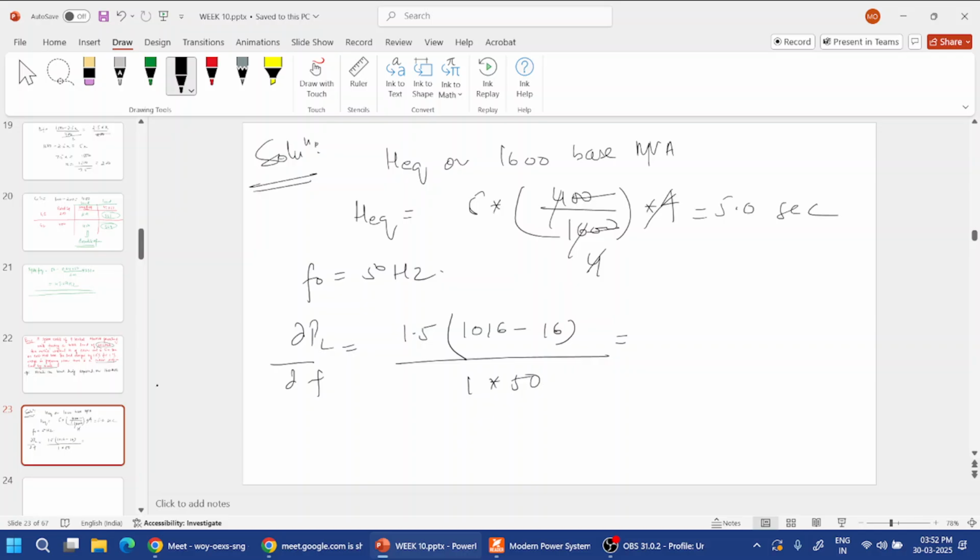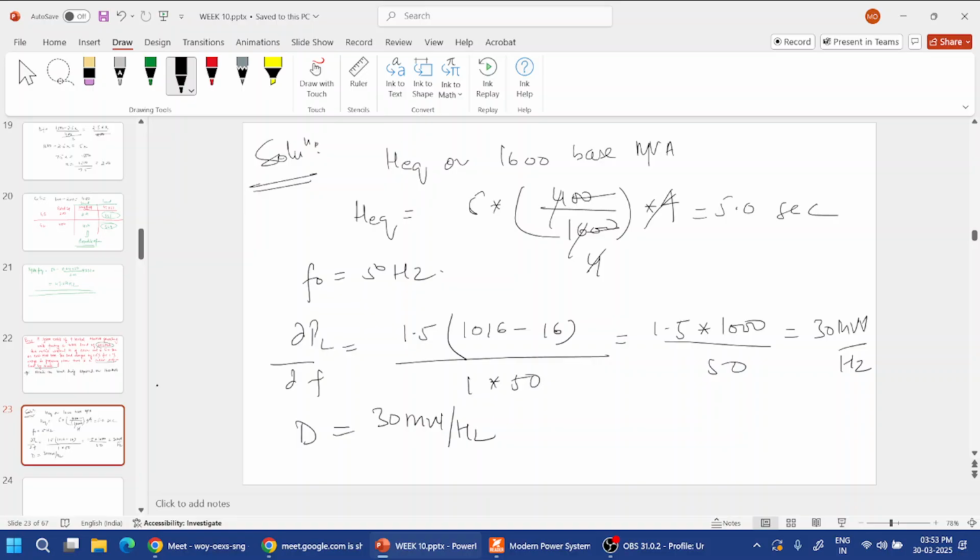If we solve it, it comes out to be 1.5 into 1000 divided by 50, so the change comes out to be 30 megawatt per hertz. So for every hertz, there is a change of 30 megawatt. So we can say here D is equal to 30 megawatt per hertz.